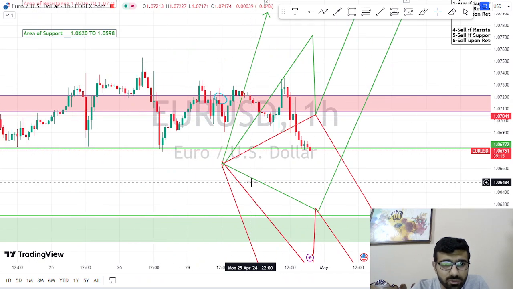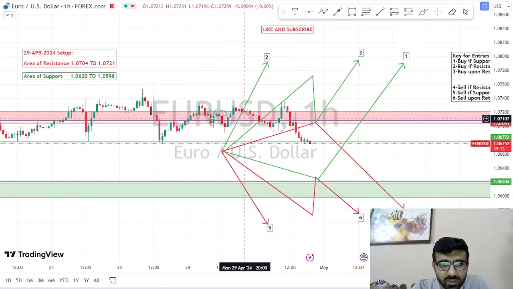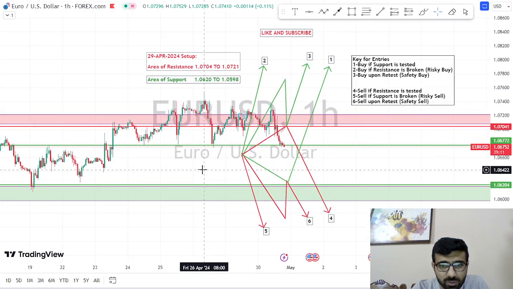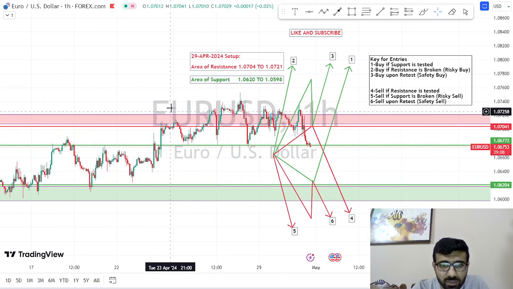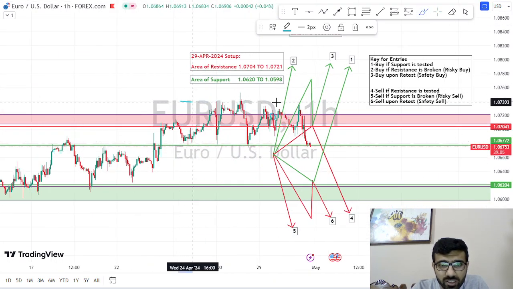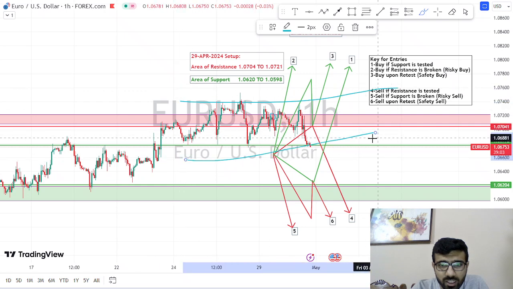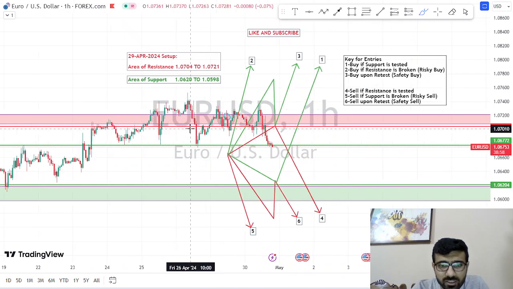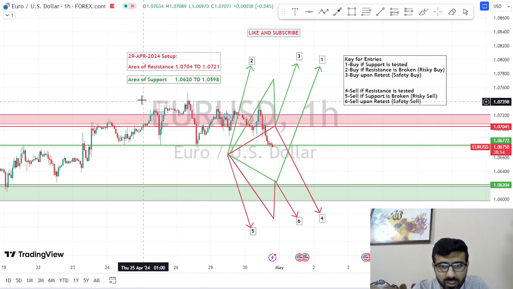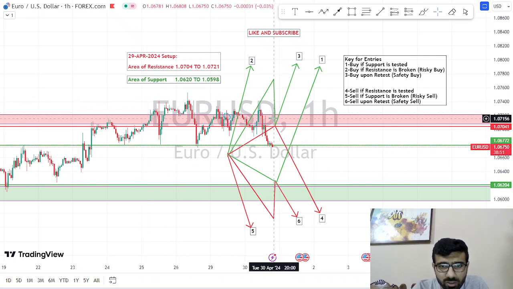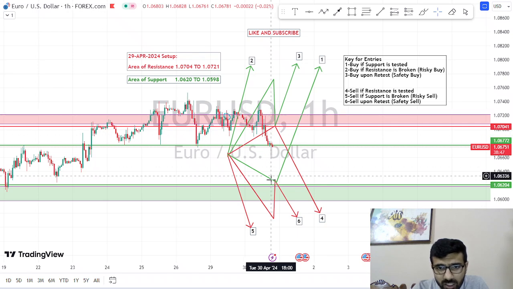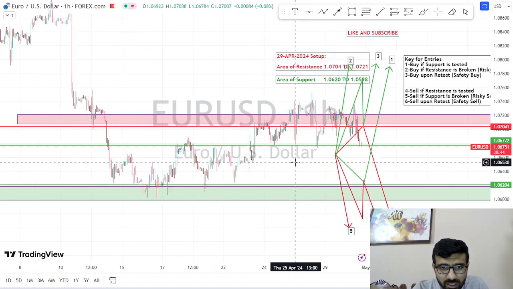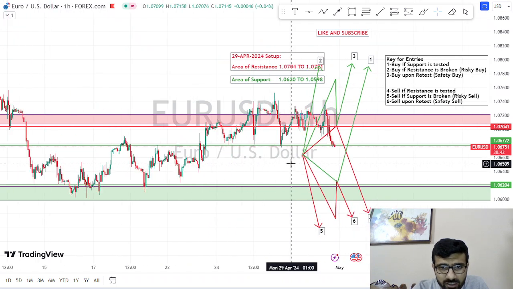Okay, so now let us discuss the scenarios of what is happening in this Euro versus US dollar pair. You can clearly see that market is in a very good sideways movement. Okay, and there is no buying pressure or selling pressure, and this is a totally perfect sideways rebounding movement from here till here, and our areas of long-term resistance and long-term support are still valid, and these areas have not been tested.